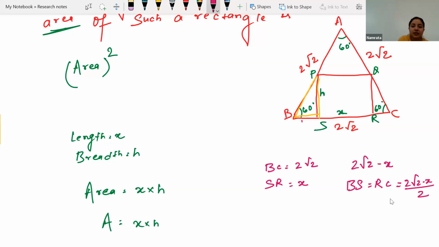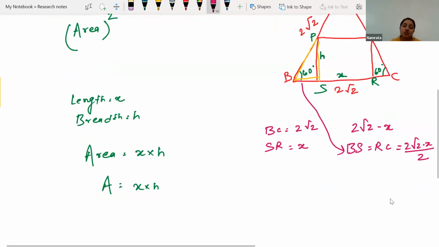We know BS and we want to find H. We want to find H by using cos theta, sin theta, and by using this side BS. So which two sides do we want to use in this triangle PBS? In this triangle PBS, we want to use the side PS, H, and the side BS, and also 60 degrees. So you can see here we have the height and the adjacent side.